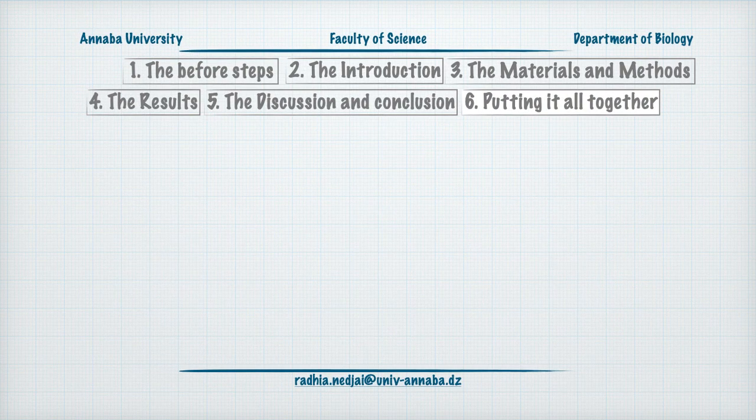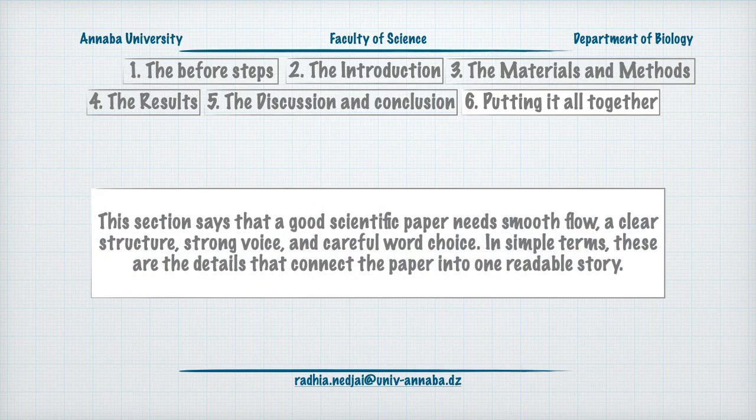The next step is putting it all together. A strong scientific paper is not just about having the right sections, but about how those sections connect to form one clear and readable story. This requires smooth flow, clear structure, strong writing voice, and careful word choice.